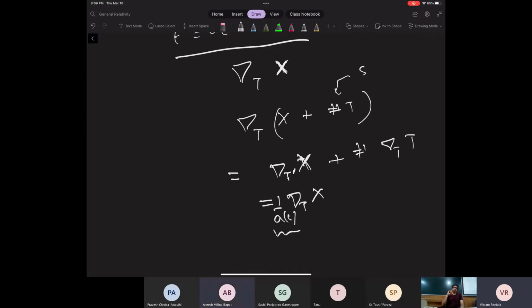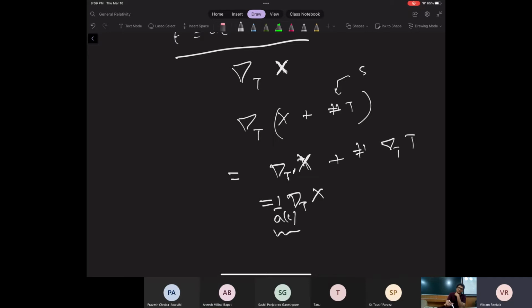Sorry, there's someone asking. Sorry, can you speak up? I can't see who's speaking. Sir, doesn't this sort of prove the point that nabla t of x is the same as 1 by a of s times nabla t of x? So then it will have to be 0, something like that. I'm not sure. No, this is not the same.